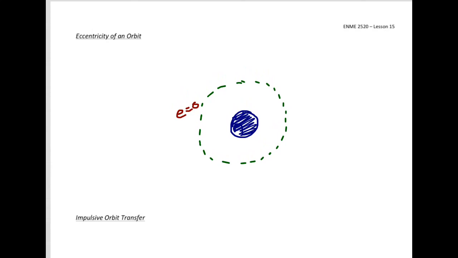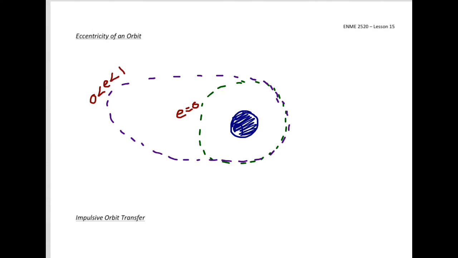Now, if most orbits aren't circular, then they have another shape. The common shape that we tend to think of is an elliptical shape. This elliptical shape is governed by this same e, this eccentricity parameter, which varies between 0 and 1.